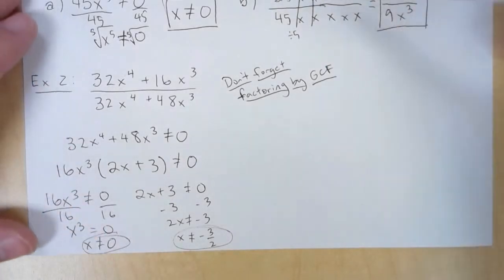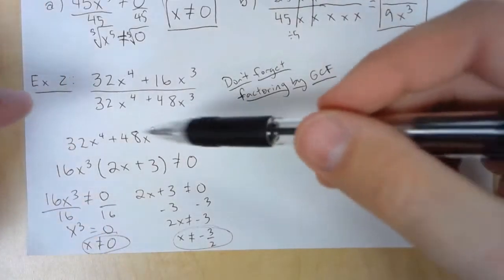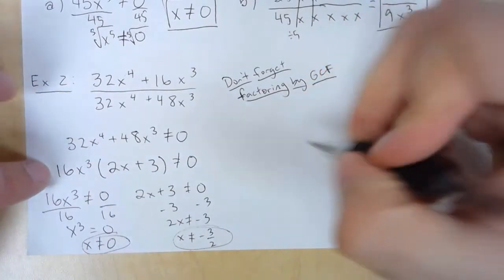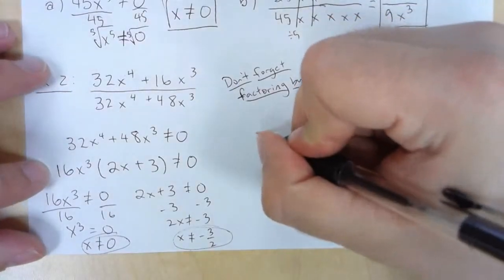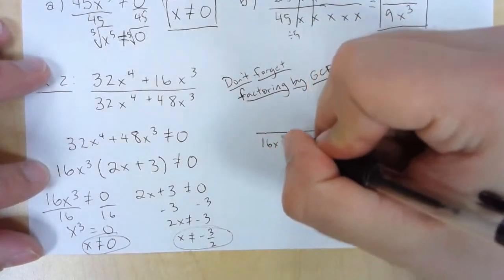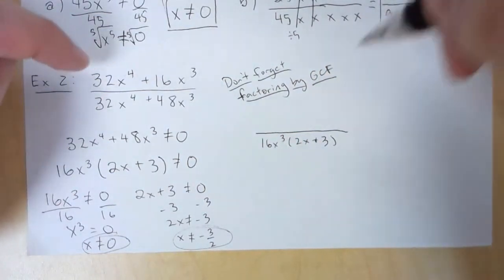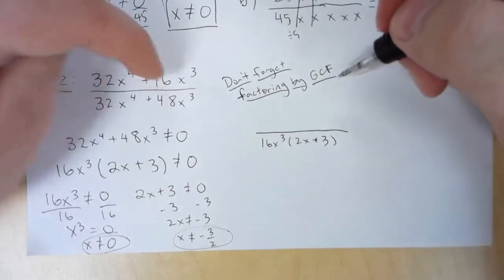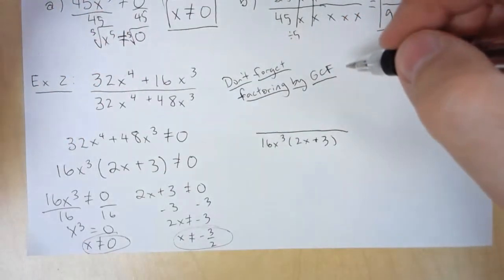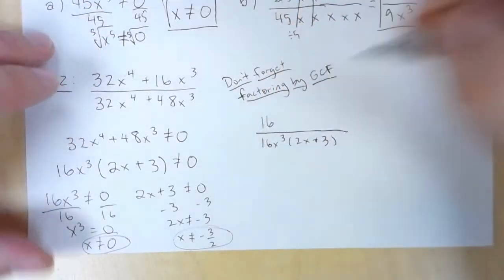So then if we're going to reduce to lowest terms, we're going to factor by GCF. So we already factored the bottom by GCF. So I'm just going to write the bottom as 16x to the 3rd times 2x plus 3. And the top, I'm going to factor the GCF as well. It's 32 and 16. The biggest number that can multiply to be either is still 16.